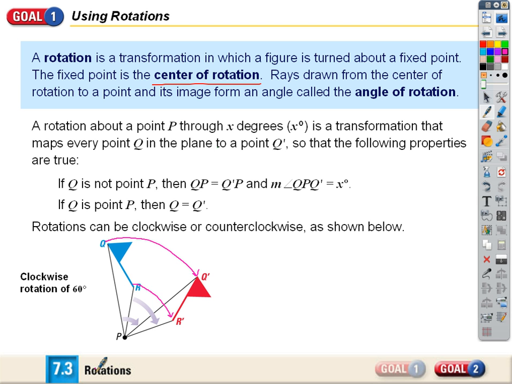Like if I'm on the edge of the merry-go-round, I'm going to start there and end here. But if I'm standing in the exact center while everybody else is going around the outside, I'm just doing this. So after we rotate through 60 degrees, have I changed my position? No, same spot. So if Q were a point on the center, Q and Q prime, the pre-image and the image, would overlap. They'd be the same point, wouldn't they?